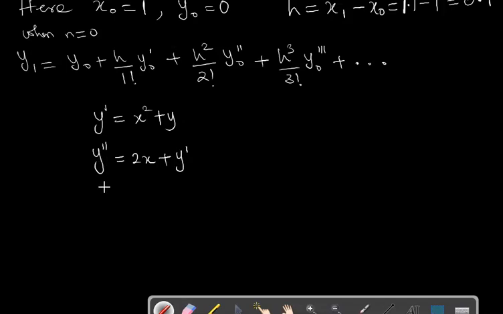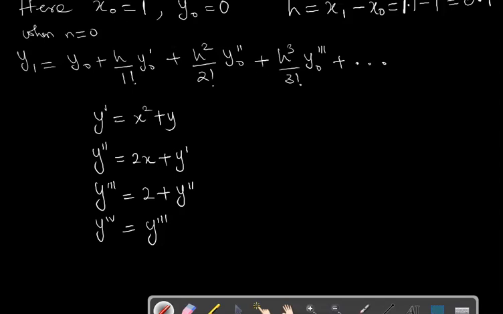Okay, so that's the second derivative. The third derivative: you differentiate this, you get 2 plus, if you differentiate this again, you get the second derivative. If you go ahead to differentiate the fourth time, if you differentiate 2, you get 0. If you differentiate this, you get the third derivative, and so on and so forth. So you differentiate the fifth time, and so on.